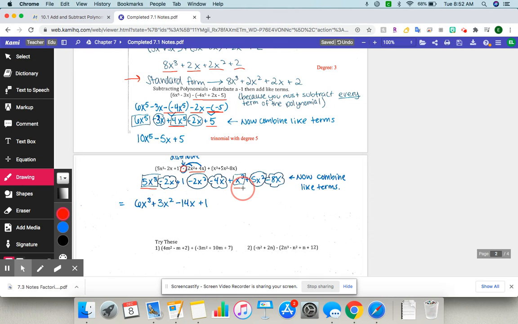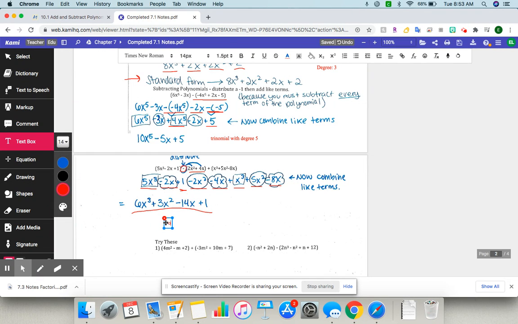So I have 6x cubed, and then this is 3x squared. This is negative 14x, and then the lonely 1. So this is my final polynomial written in simplest form. And I can identify this as a polynomial with degree 3.